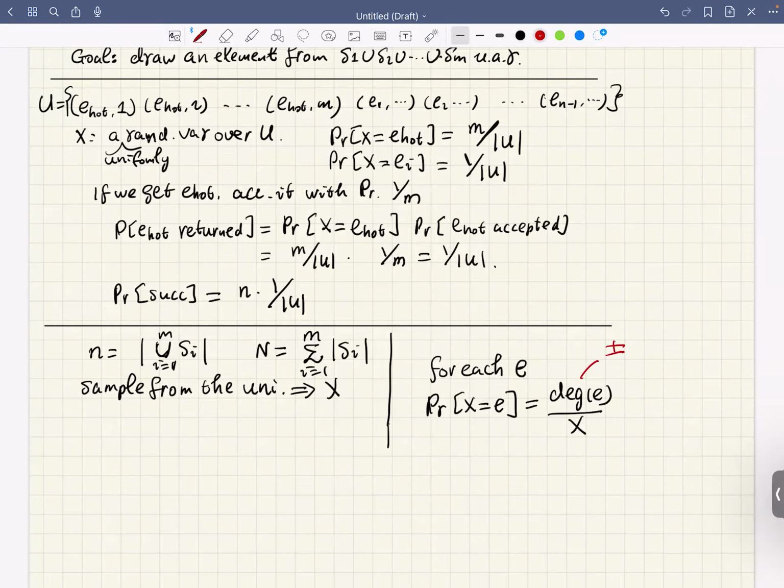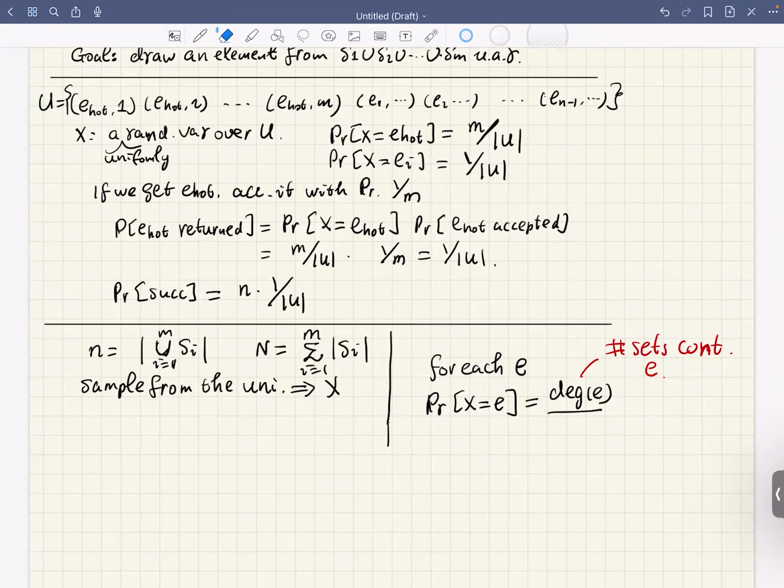Degree is the number of sets containing Y. Is that okay? Now you know the probability for this Y to get sampled is precisely this: how many sets contain Y, over N. Whenever you get confused, look at the simple scenario that I talked about. You can see everything is generalized here. What else did I say? Oh, divided by X, that's clearly a mistake. It should have been big N.